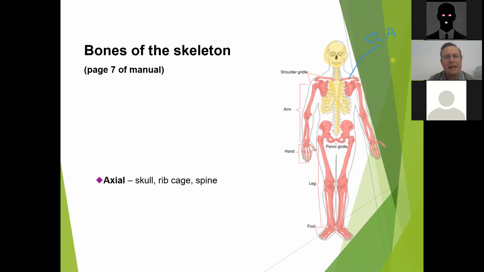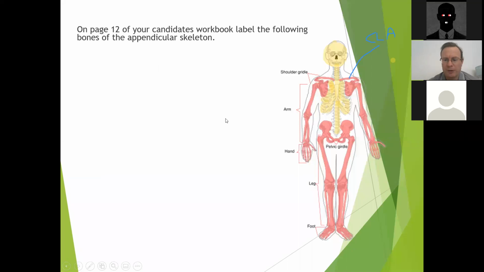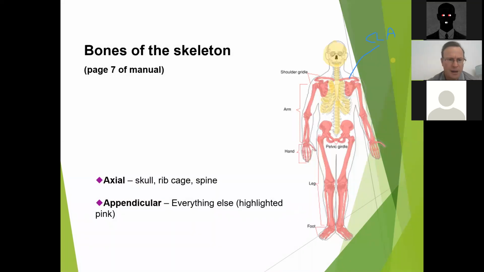So this is called our appendicular skeleton. It hangs off the axial skeleton. It's responsible for moving and grasping, locomotion, movement, walking. So we draw this relatively simple distinction between the two. Basically axial is skull, rib cage, spine, and appendicular is everything else. So I'm just going to get rid of my annotation.